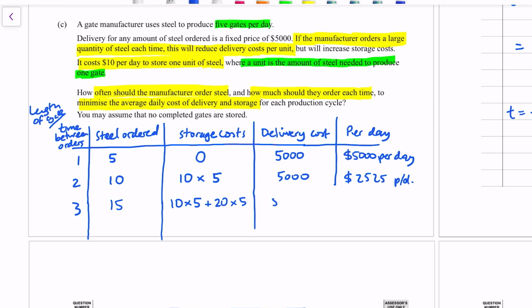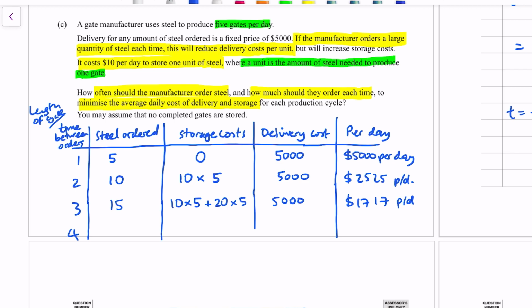And I add on the $5,000 to the $150 storage cost, and per day 17. One last one, 4 days.